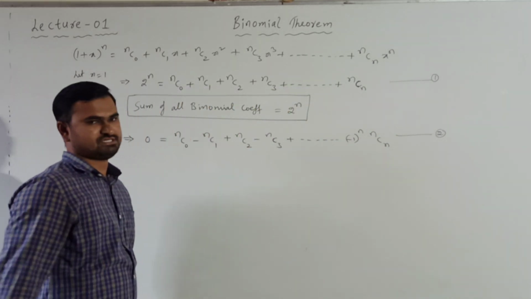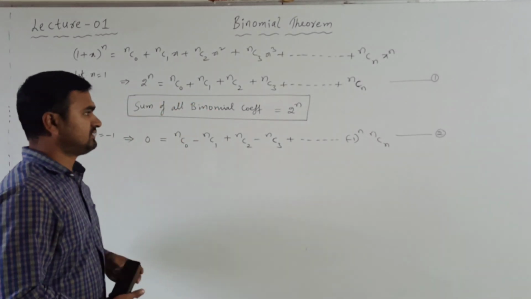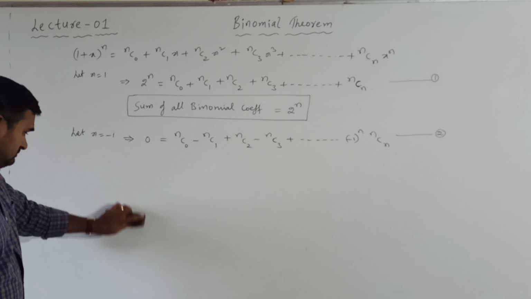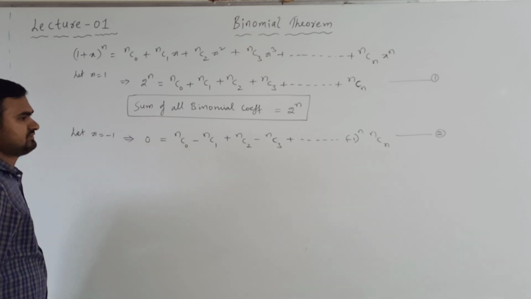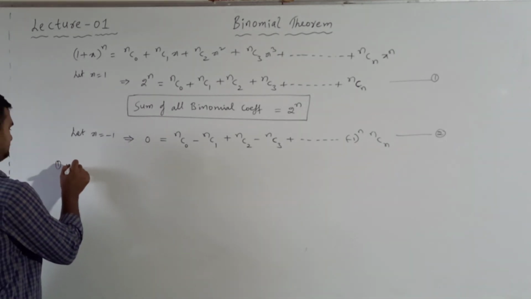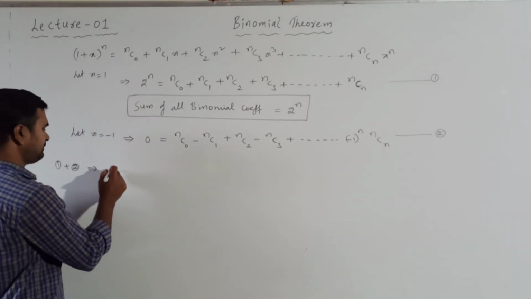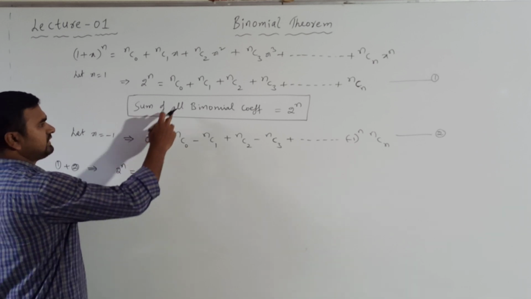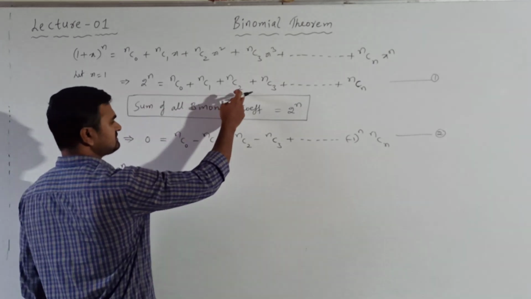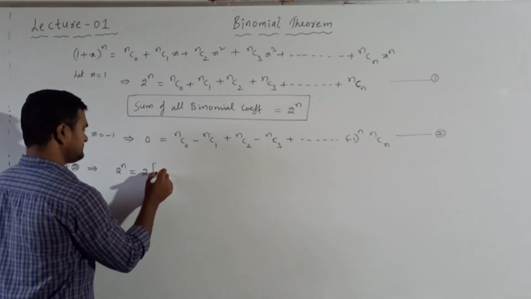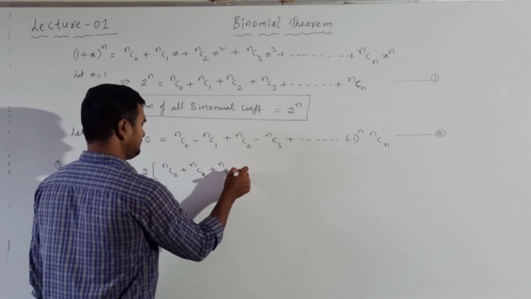Now these are two expansions. Let us take this as first equation and this is the second equation. Now observe from these two, again we can derive one more formula. If I add these two, what are the terms we get? Adding 1 and 2, 2 power n plus 0. So we get 2 power n is equal to, adding, plus minus we get cancelled. So we get 2 times of these terms, even coefficients. So 2 times of nC0 plus nC2, nC4 and so on.